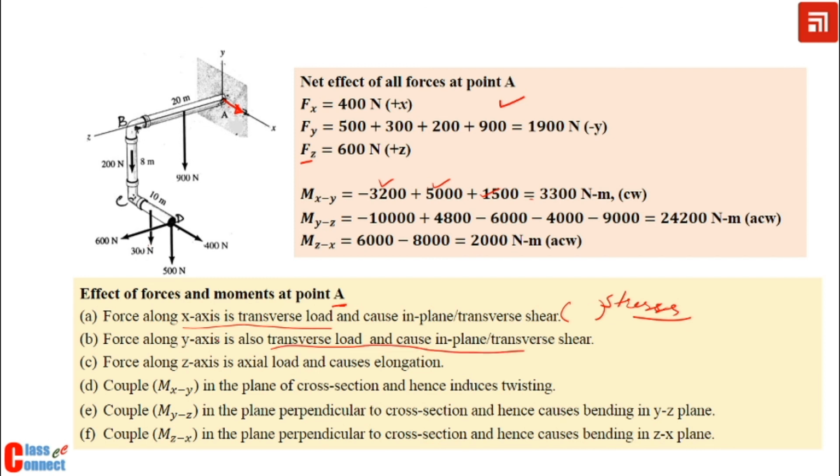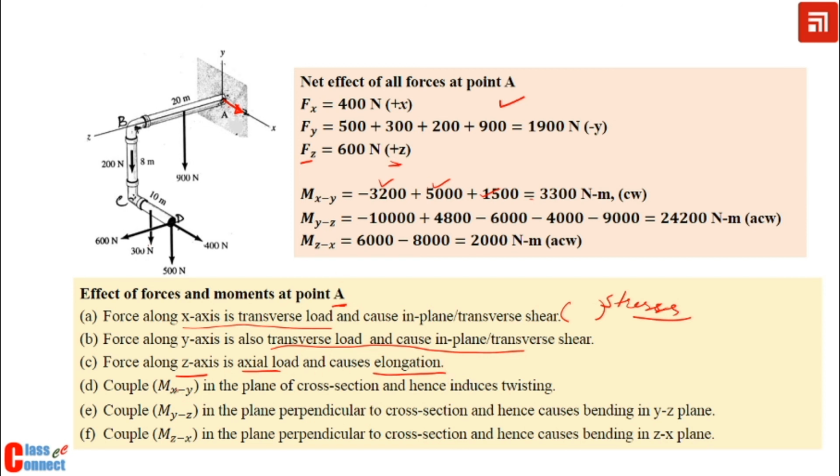Force along the y-axis will also induce transverse shear stress. Force along the z-axis is the axial load and causes elongation if it is acting along the positive z-axis, which it is, so it will induce elongation.